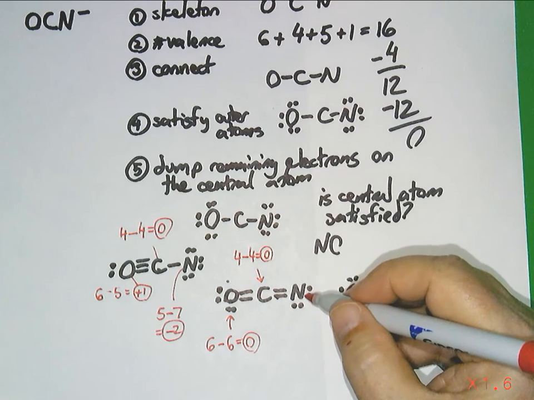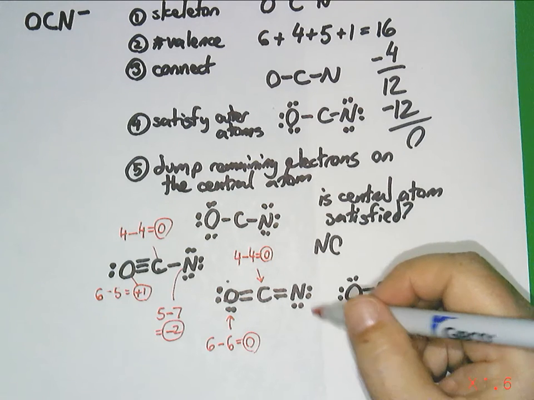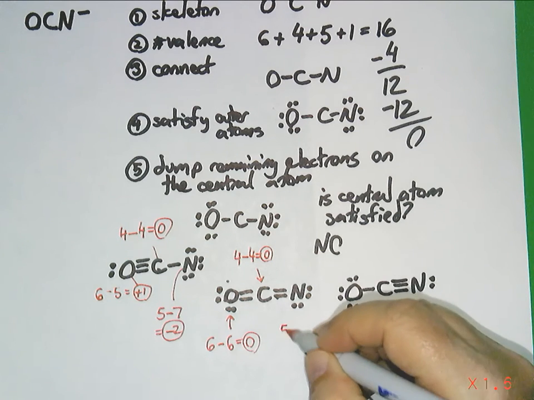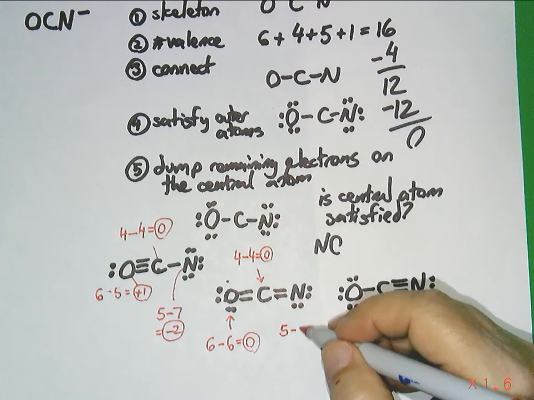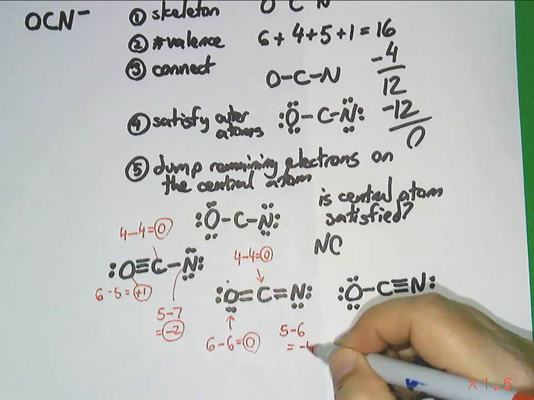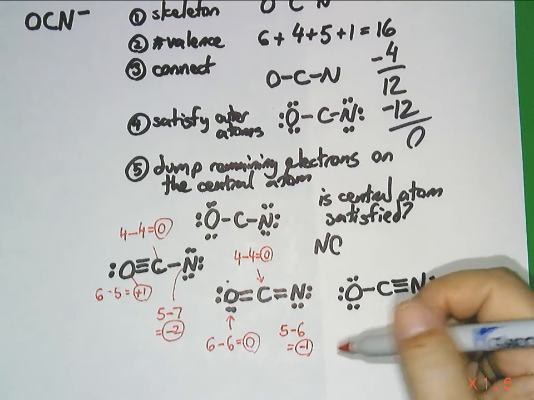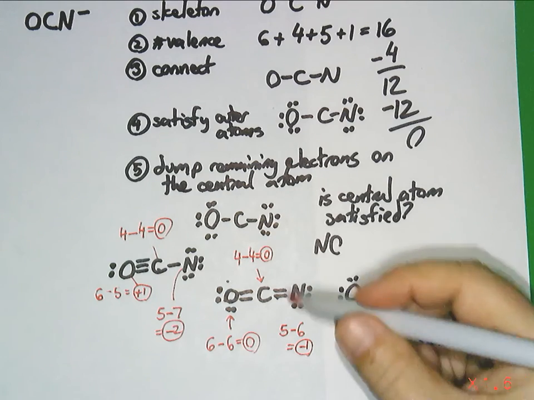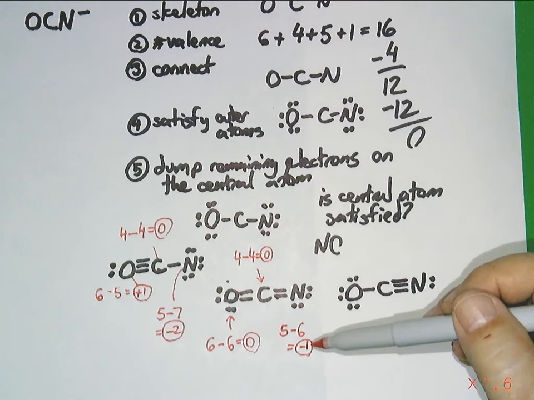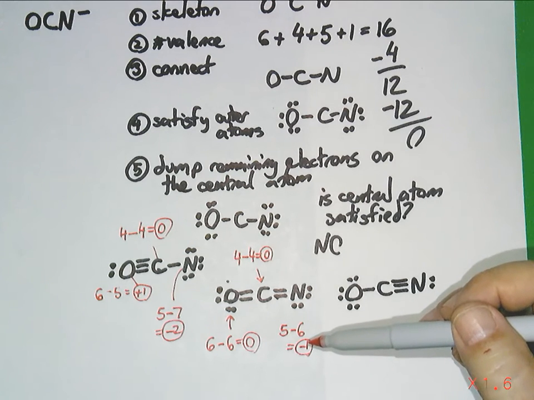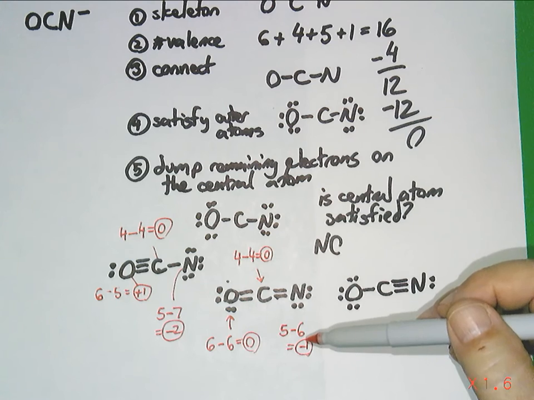Okay, here the nitrogen has got 5 on the periodic table, minus 1, 2, 3, 4, 5, 6 is -1. Now, keep in mind that we have a -1 charge on this thing. So one of the charges is going to have to be a -1. We're not going to get away with getting them all to be 0 ever.